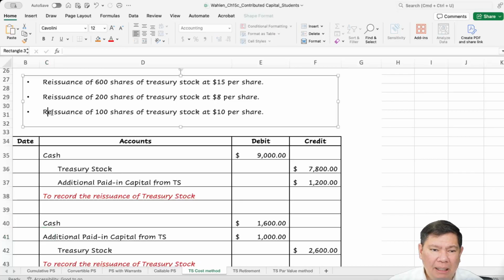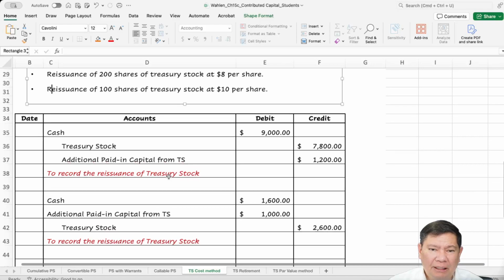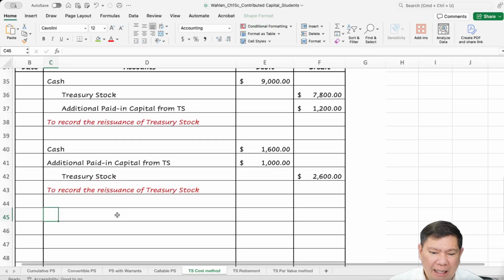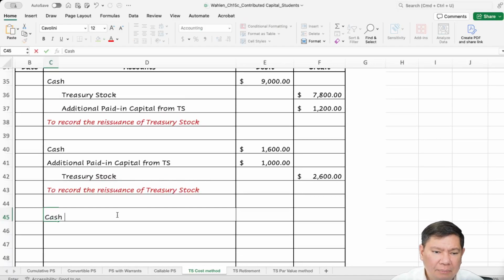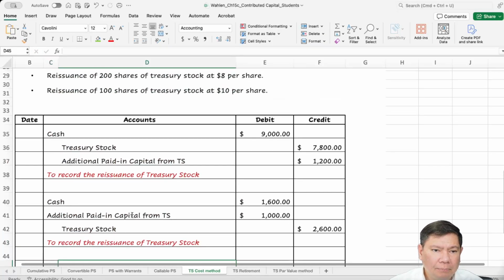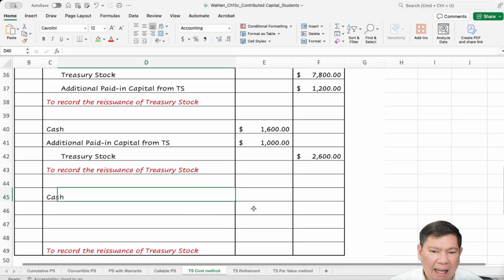And then the company reissued again 100 shares of treasury stock at 10. So we get cash, 100 at 10.